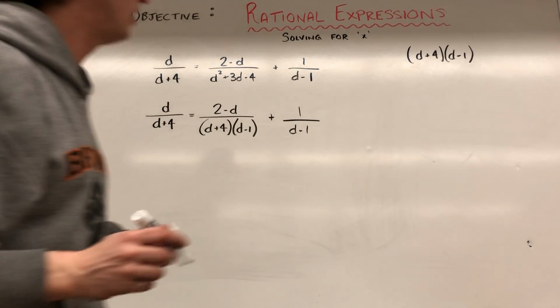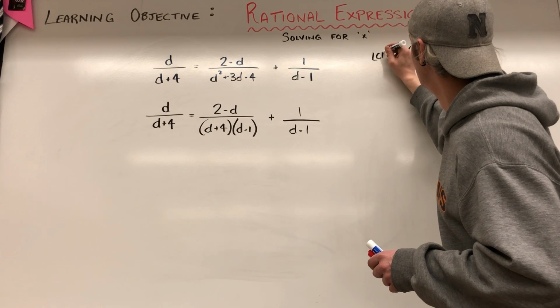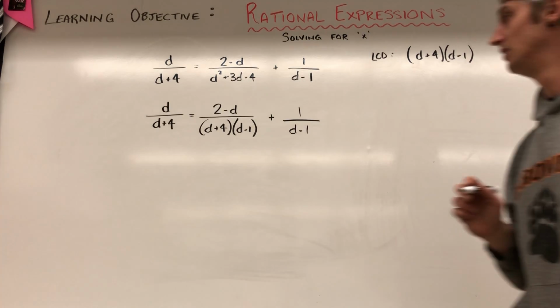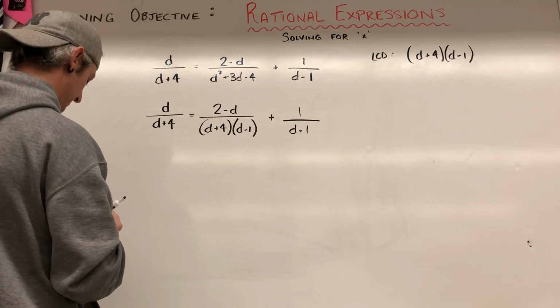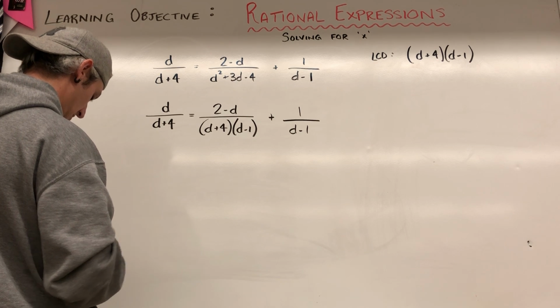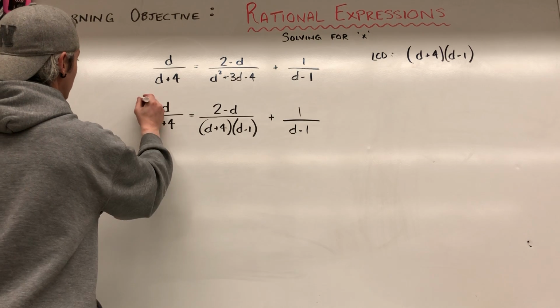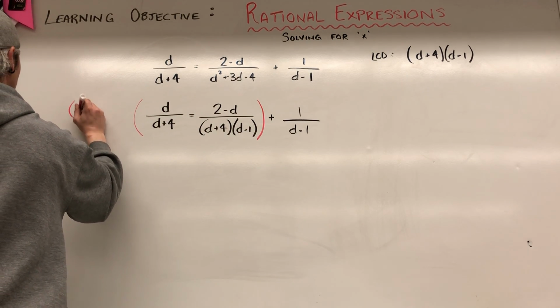And my lowest common denominator is going to be this too. So I'm going to multiply everything by that. All of both sides I'm going to multiply by my lowest common denominator.